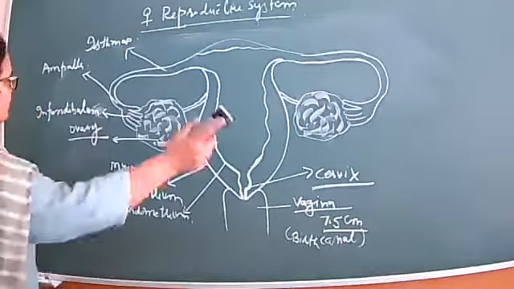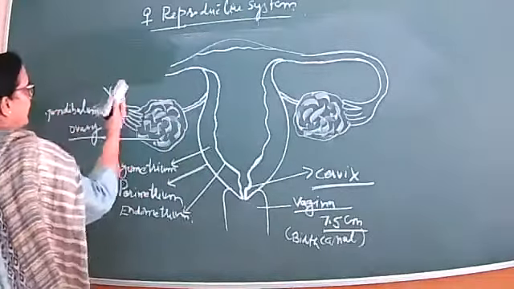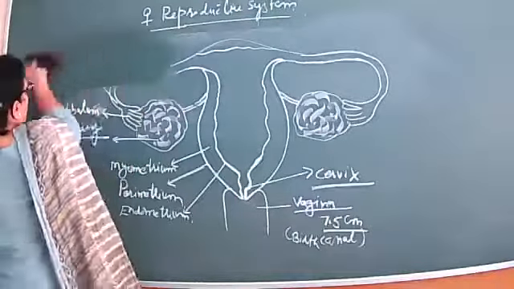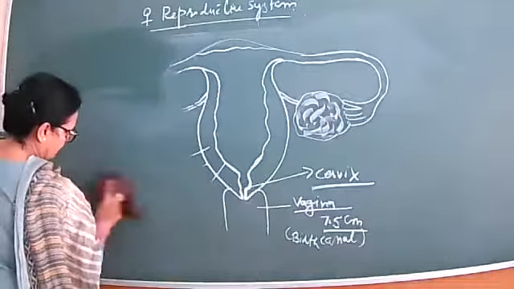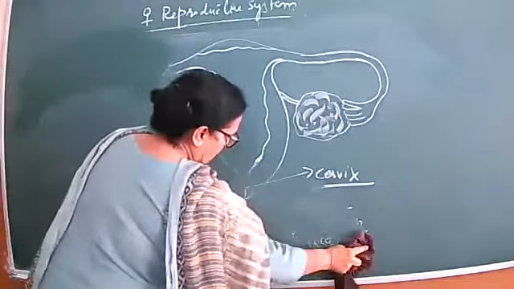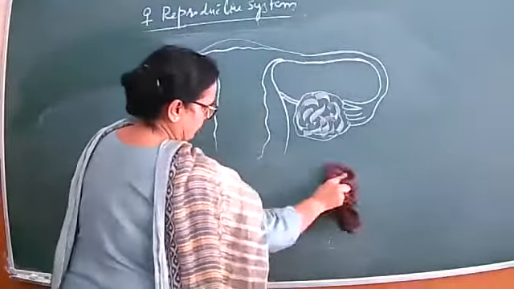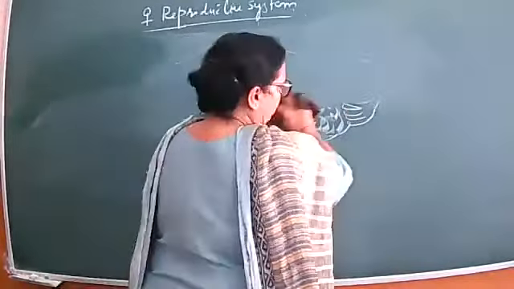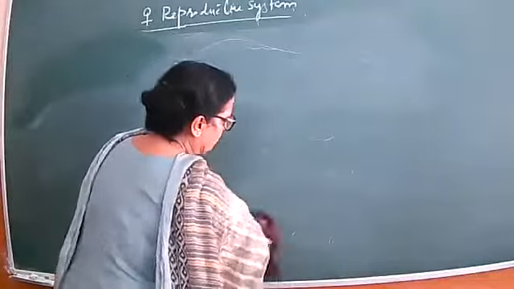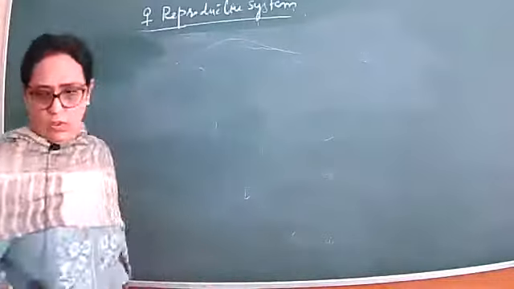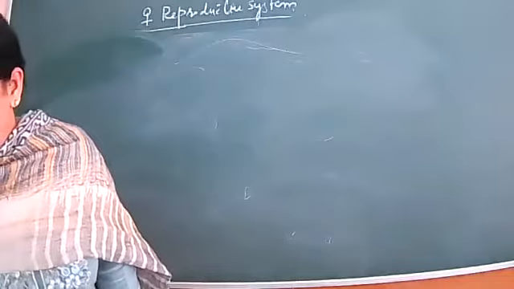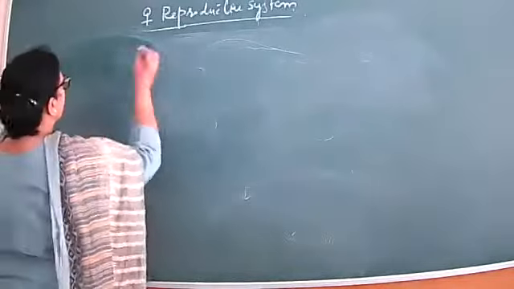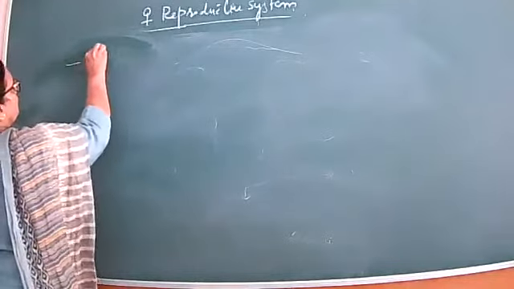Now next, I told you that external genitalia is also a part of that. In the external genitalia, the external features, this vagina opens into a depression, a not too deep cavity, and that is known as the vestibule.